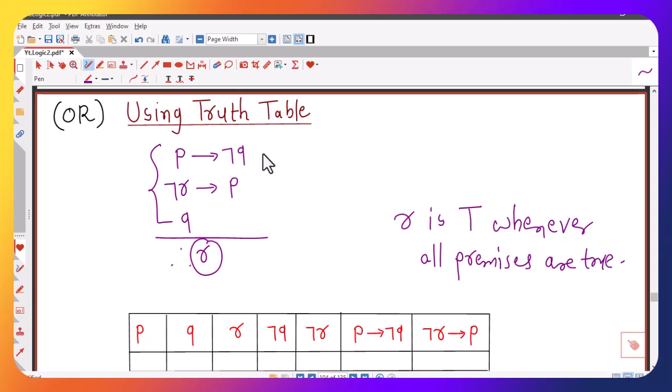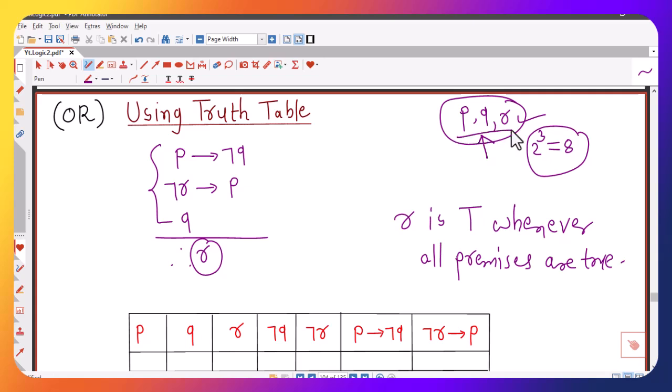So in this method, first we have to prepare the truth table, and first we have to decide the number of propositional variables in the given argument. Here we have 3 propositional variables p, q and r. So we will have 2 raised to 3, that is 8 different possible combinations for the truth values of these 3 propositional variables. Then we will write down the columns in the truth table corresponding to all these premises and the conclusion. The conclusion is one of these variables, that is r.